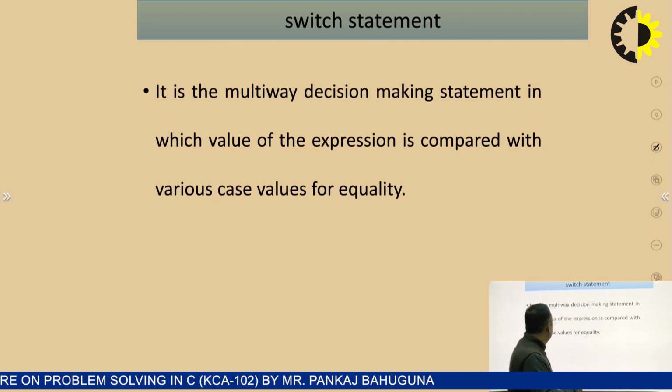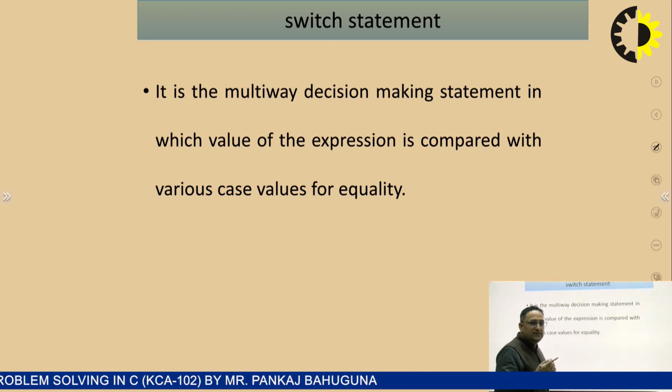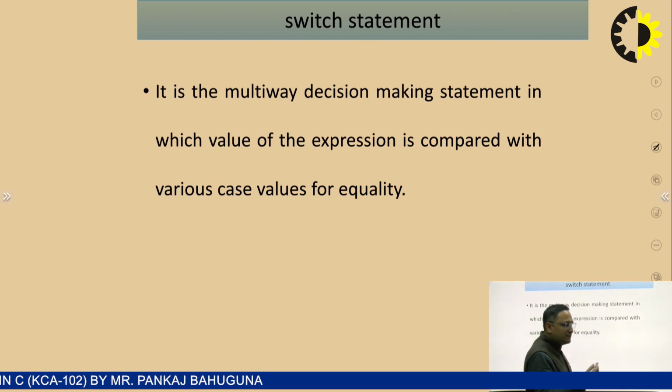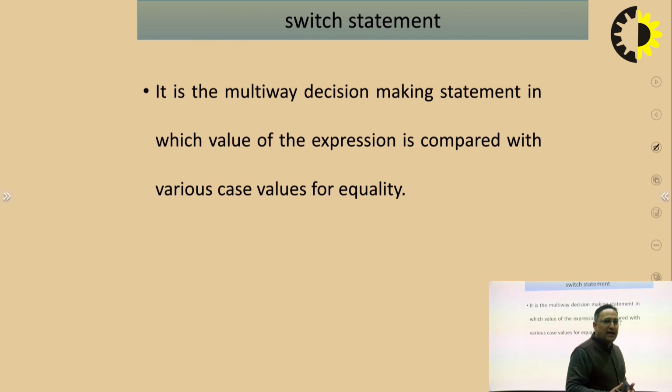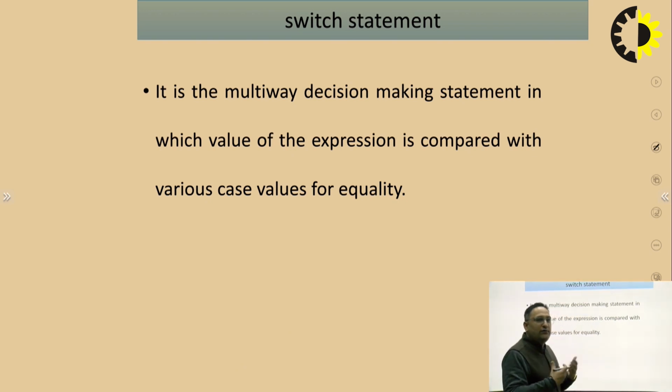This is for decision making. Let's suppose you want to create a program where you have to take the decision based on choices. So you are taking choices from the user, and based on the choice given by the user, you can evaluate the expressions in the code.